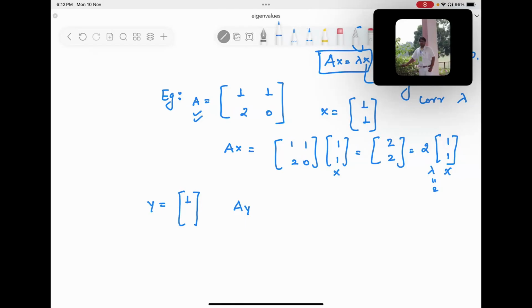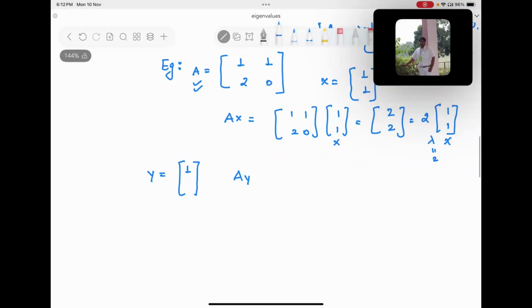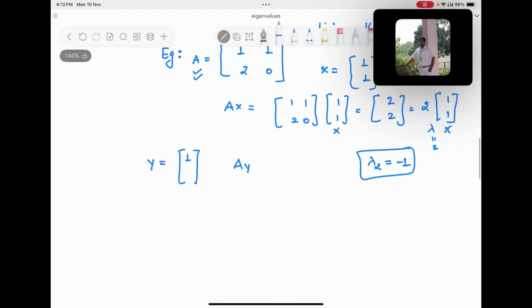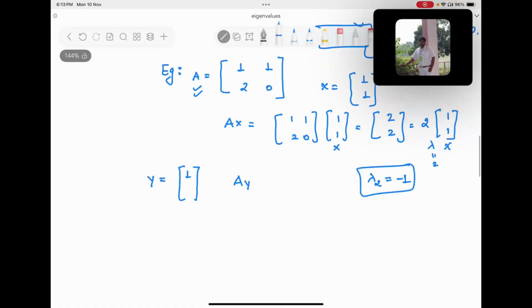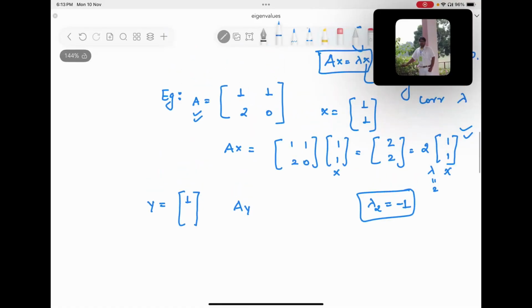We will do this later actually. You can calculate the eigenvector for this also. You can check that another eigenvalue for this will be minus 1. We will do all those things later. We need some tools to calculate these things. This one is actually easy, so I have done this one.